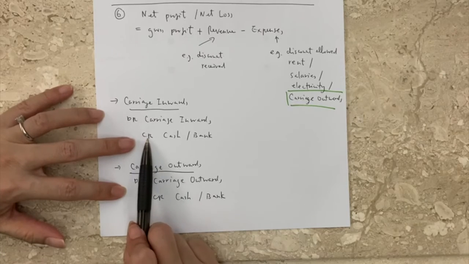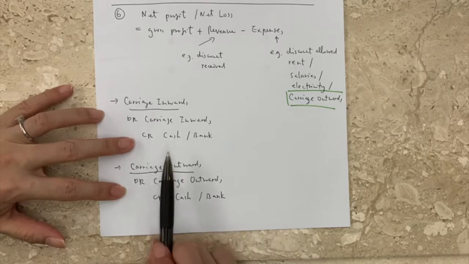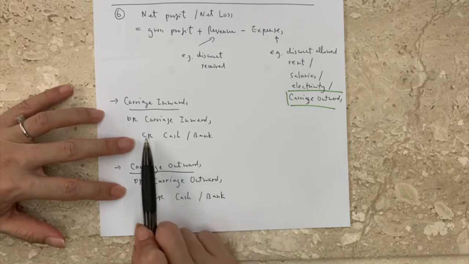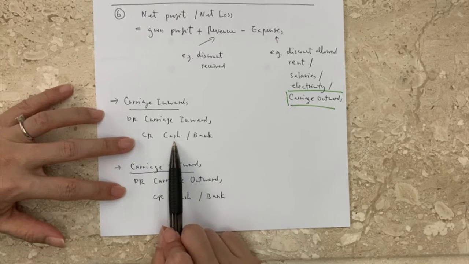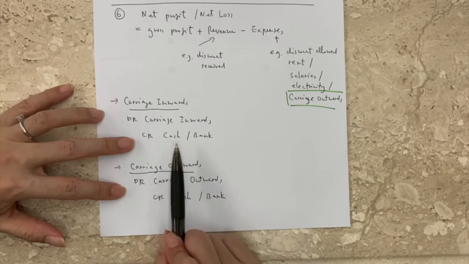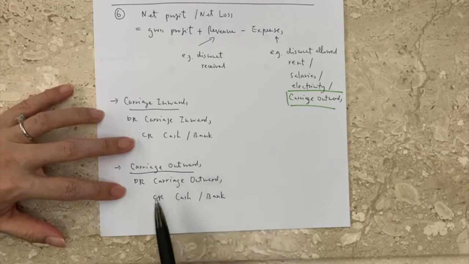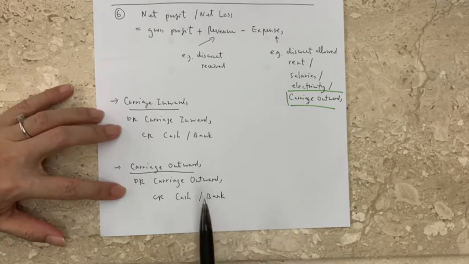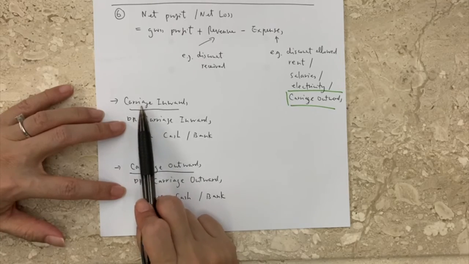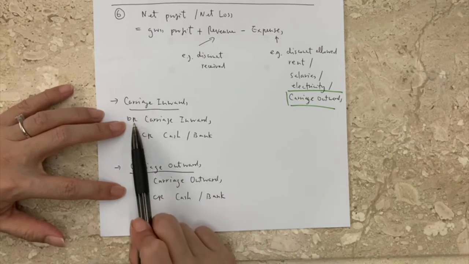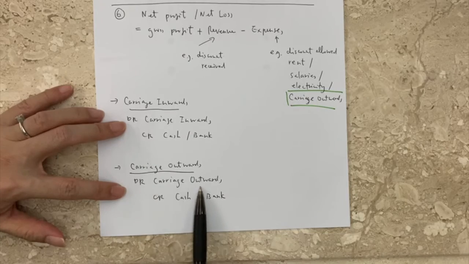But anyway, for both items we need to pay money. So to pay money, we can pay cash, we can pay by cheque. If we pay cash, that means we have less cash in our firm, so we credit cash, and if we pay by cheque, we have less money in the bank. So in both situations, credit cash, credit bank, means we pay. Therefore both of them, carriage inwards and carriage outwards, are debit items. They are debit items, right?